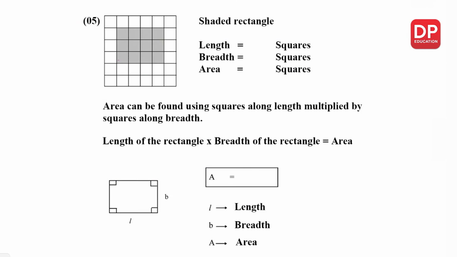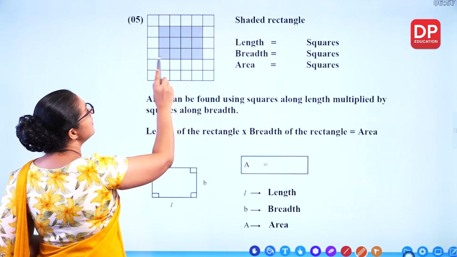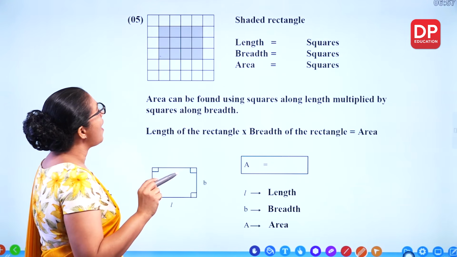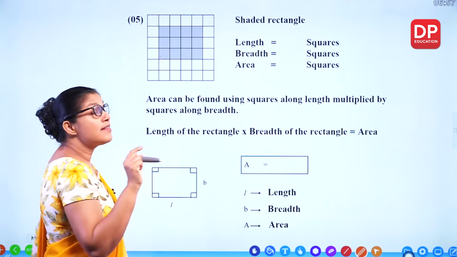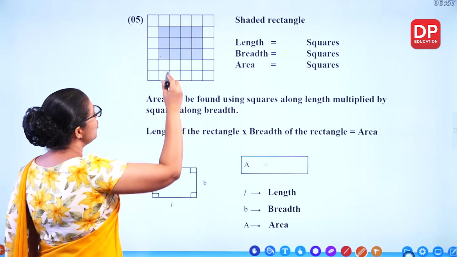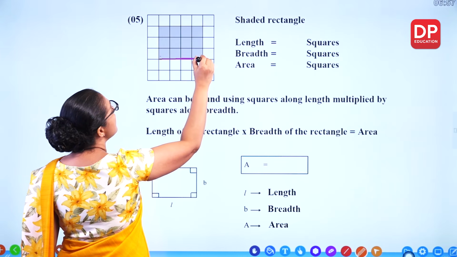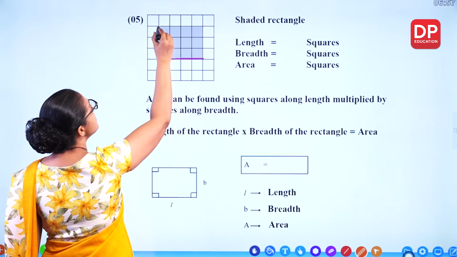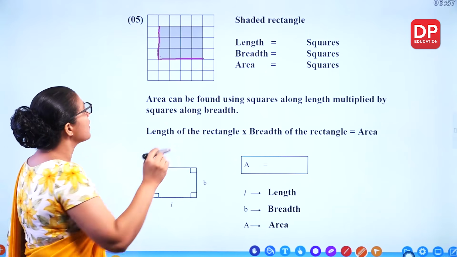Look at this rectangle. We need to find out the area of this rectangle. Look at the shaded rectangle here. How many squares are there along the length? Length means the longer side. When you take this rectangle, this is the length and this is the breadth, sometimes we call it width.